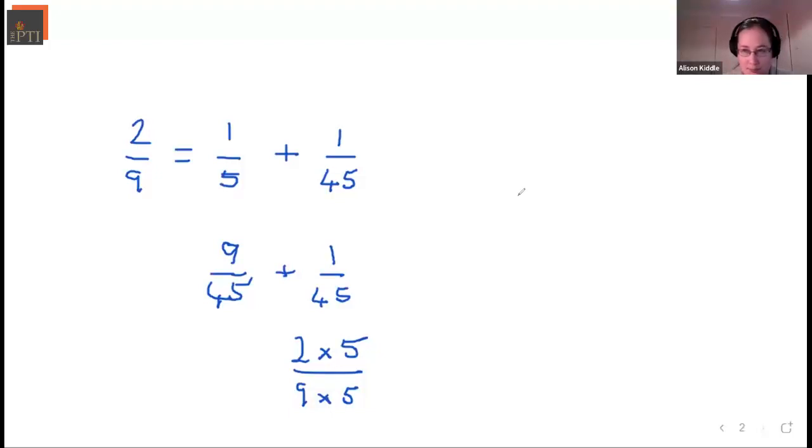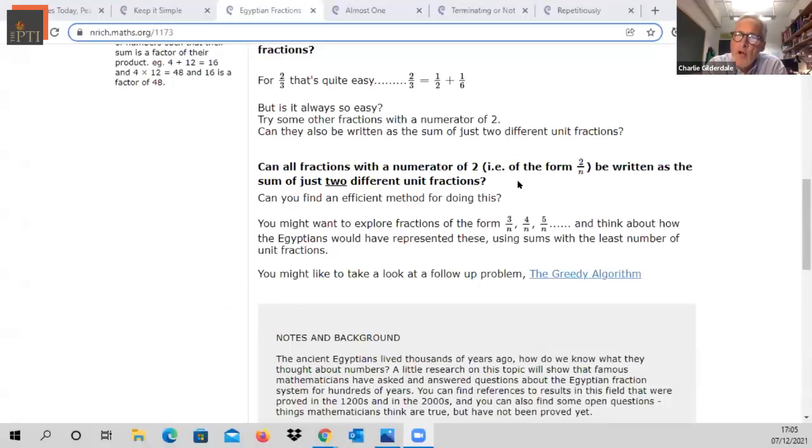Is that okay? Sure. Okay, so there is one more problem in the Egyptian fractions family. Can I just say, Alison, we've done all this a little bit in a hurried way, of course, compared to what we do in the classroom.